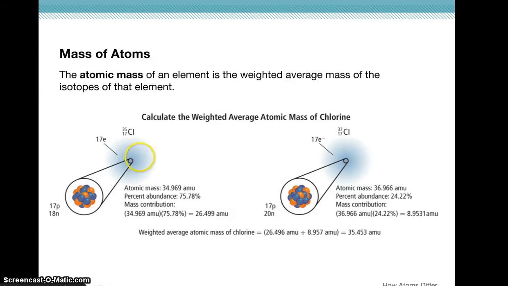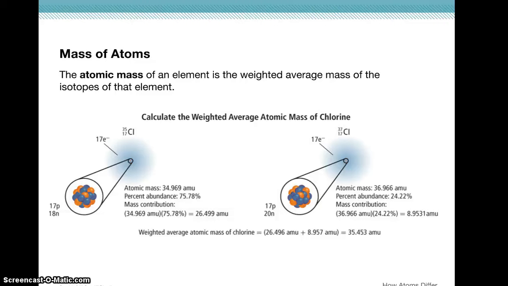So what you can see here is one isotope is chlorine 35, the other isotope is chlorine 37. Chlorine 35 is 75.78% abundant. So that means if you found 100 chlorine atoms in nature, about 75 of them would be chlorine 35. The other 25 would be chlorine 37.